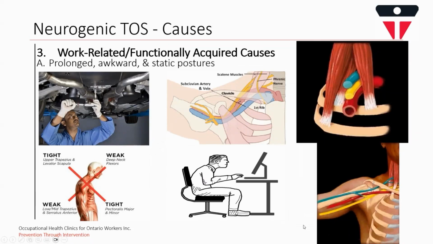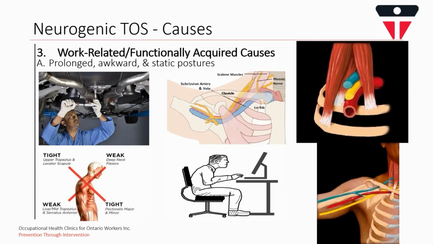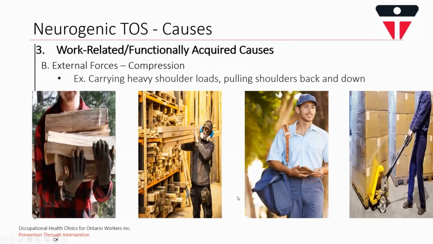If you notice in the video in the upper right, someone's bringing their arm upright, you can actually see the blood vessels and the nerve being compressed between the muscles within the space. External forces, such as carrying heavy shoulder loads, pulling your shoulders back and down.